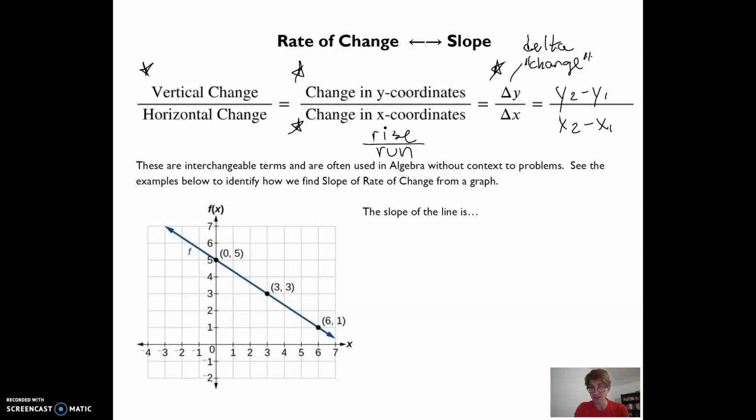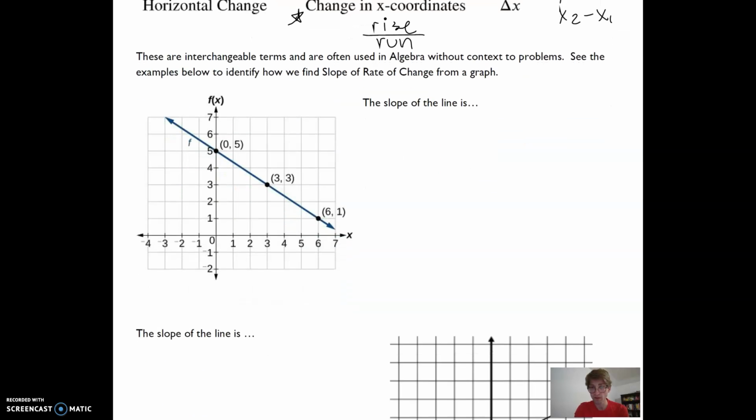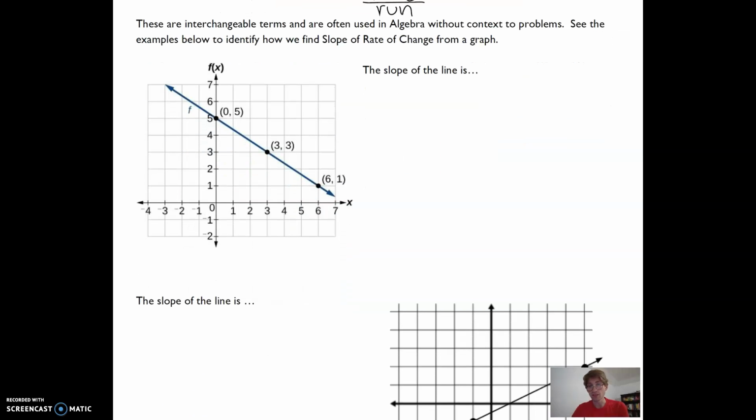That's going to be our little hint to remember slope. So, let's look at slope from some actual graphs. A lot of these words are going to be used interchangeably. You'll hear me saying change and rise and run a lot.